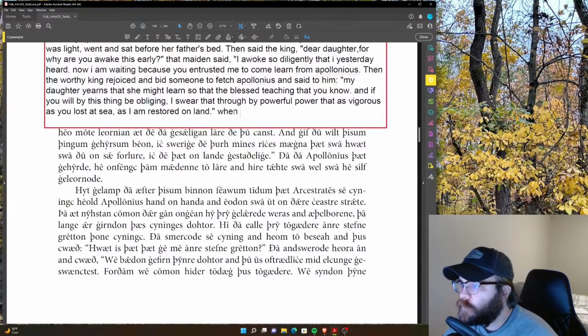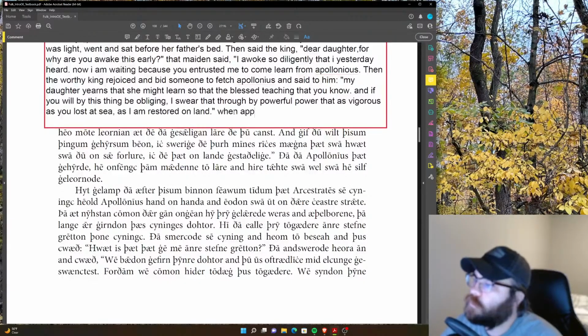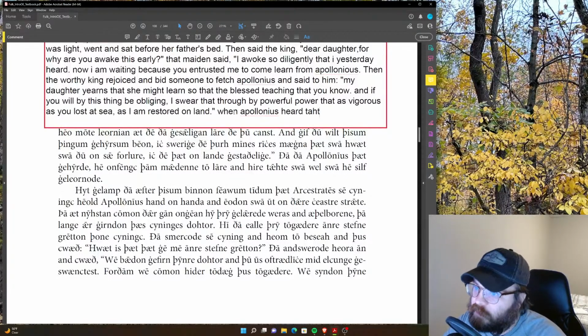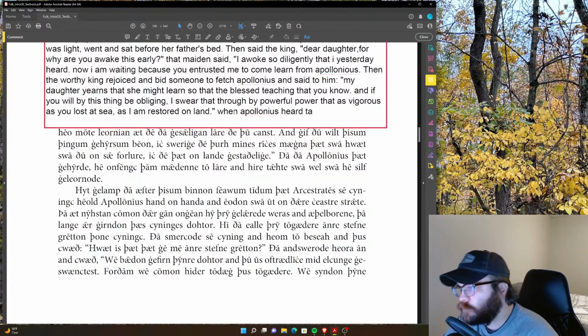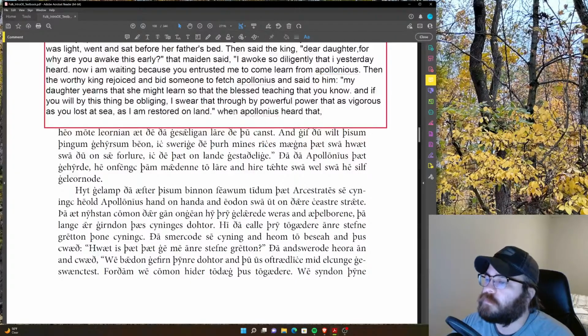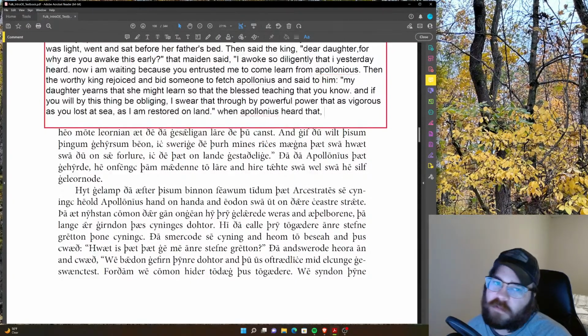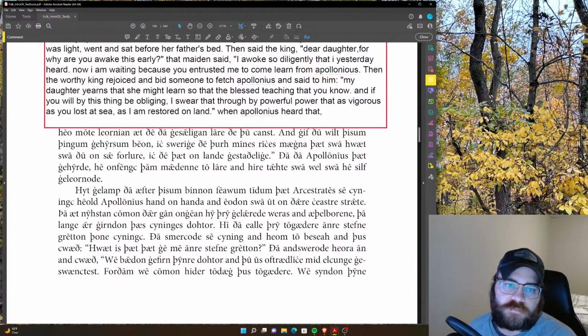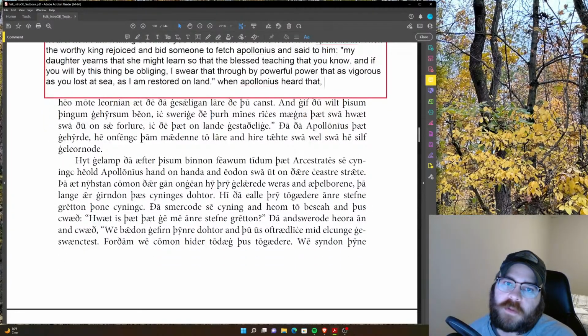When Apollonius that ye heard that he onfang ta meden onfang. Onfang. Oh, it comes before T, right? On. All right, cool. Onfang isn't in there, so we're gonna have to look it up in the other dictionary.